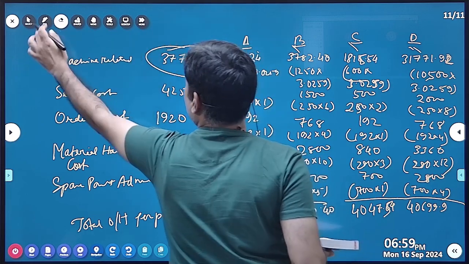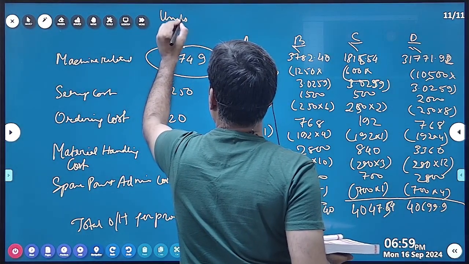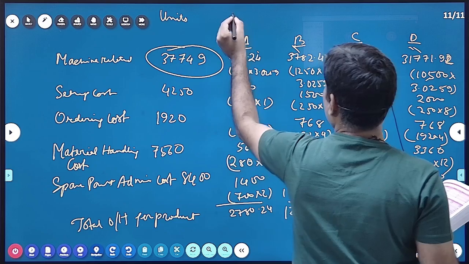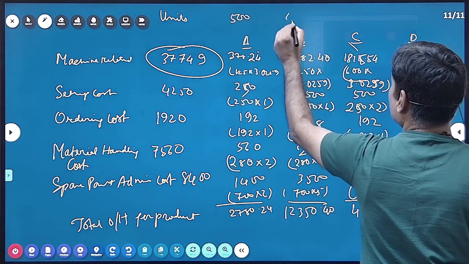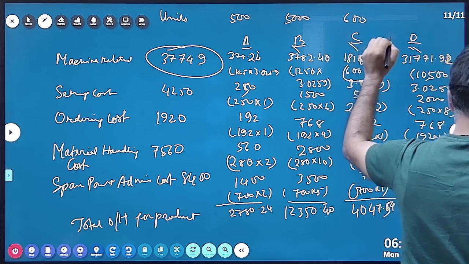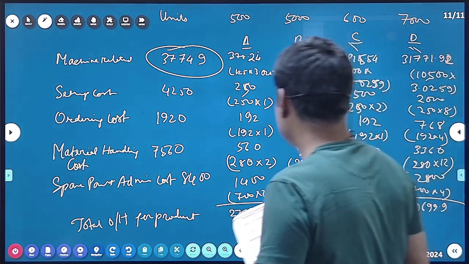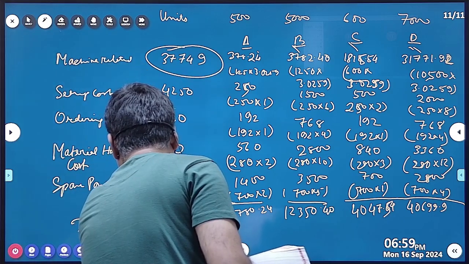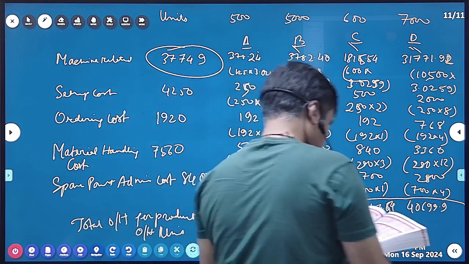Number of units. How many units of A are manufactured? Units are 500, 5000, 600, then it will be 7000. So now you divide 2780 by 500, overhead per unit, 5.56.